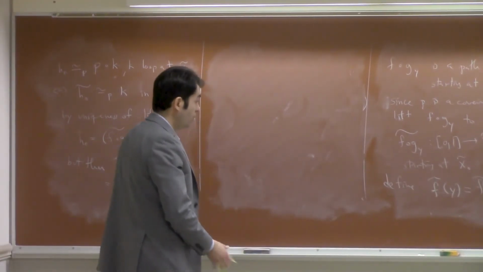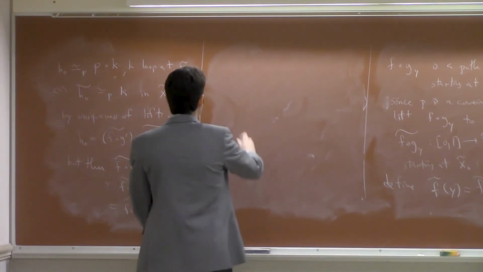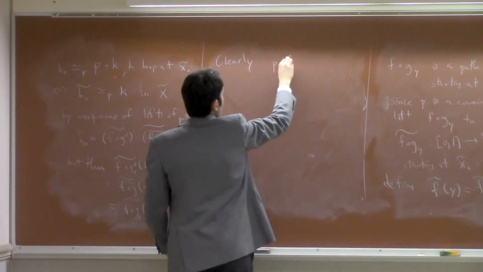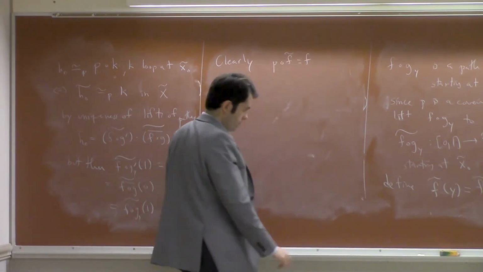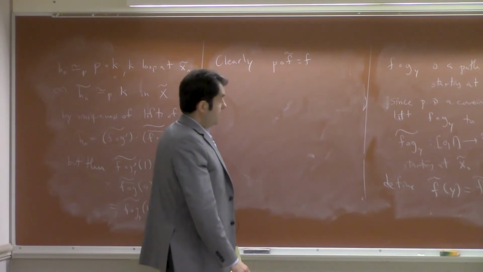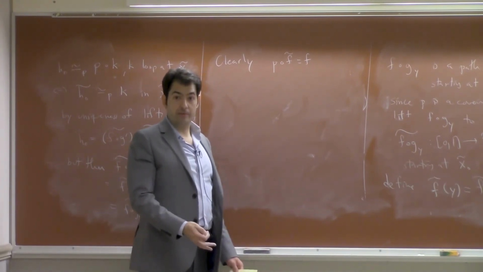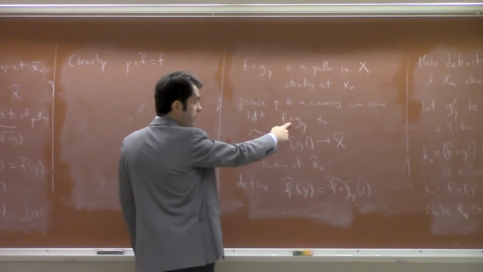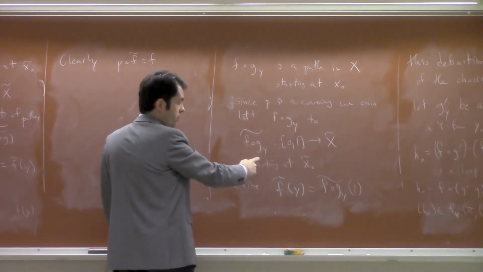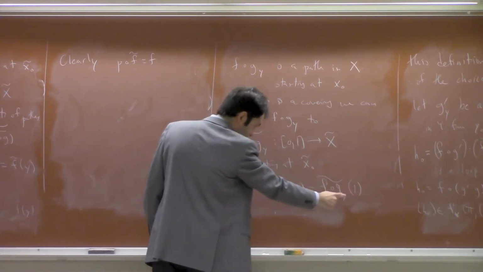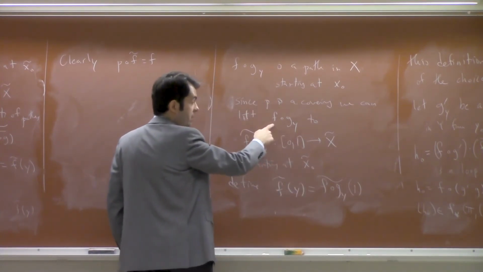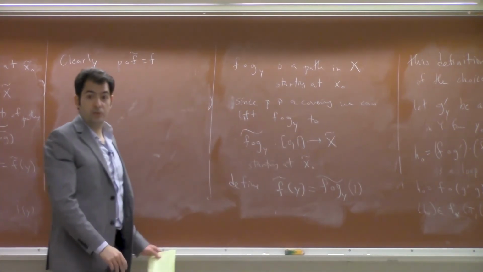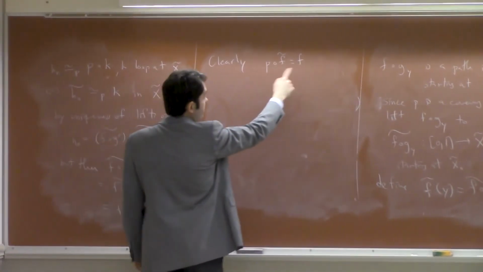So we have a well-defined map, and it's clear from the definition that it is a lift of f. You can see that because you're just lifting this path to a path in x tilde. So the right endpoint here lies above the right endpoint here, but that right endpoint is just f of y. So it's clear that this is a lift of f.